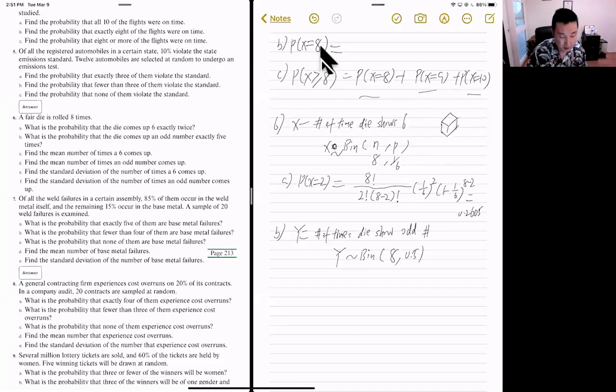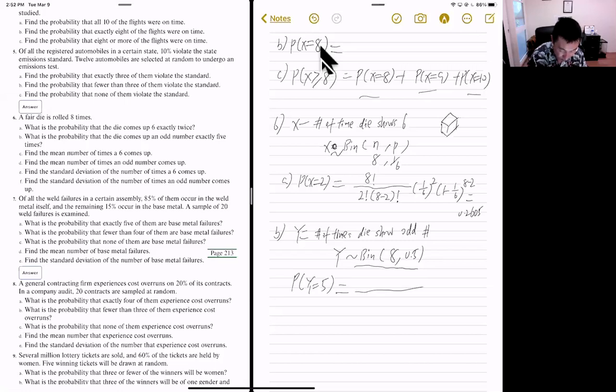All right. So the most important thing is you define the distribution with the right parameter. After that, it will be easy. So binomial 8, 0.5. So come up odd number exactly 5 times, that is asking P(y = 5).